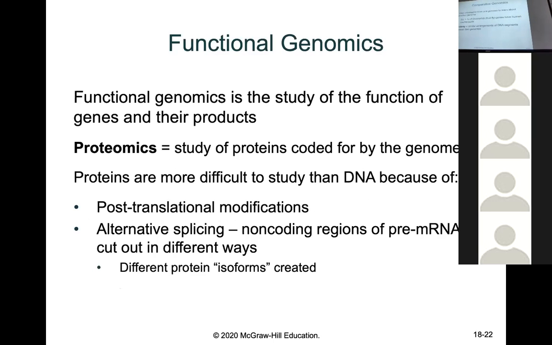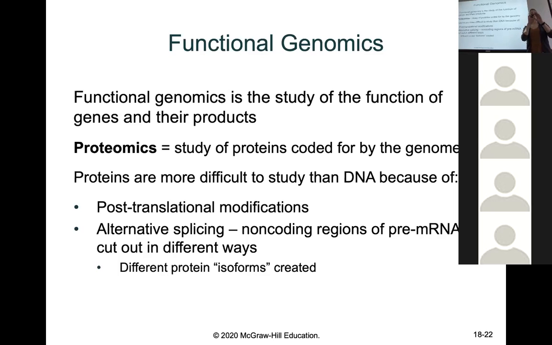And then the functional side is exactly what it sounds like, figuring out the functions of the genome, so specific genes within the genome. A big part of this is proteomics, which is figuring out what proteins are coded for by specific genes. Proteins are tough. They're a lot harder to study than just DNA because they're a lot more complicated.